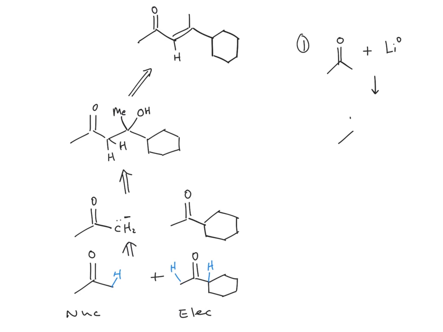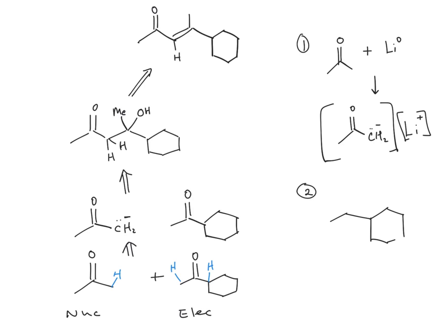But if you react a stoichiometric amount of that with your desired nucleophile piece, then you can form this basically organolithium reagent as your nucleophile. And then as a second step, add the electrophile that you want it to go for.